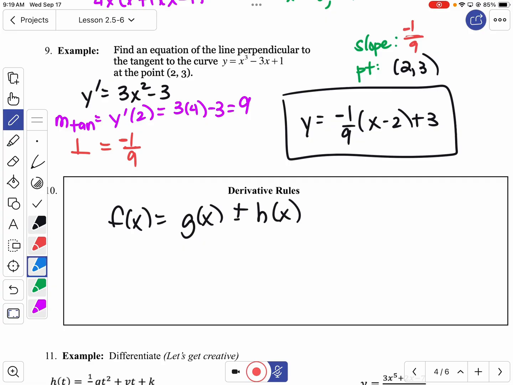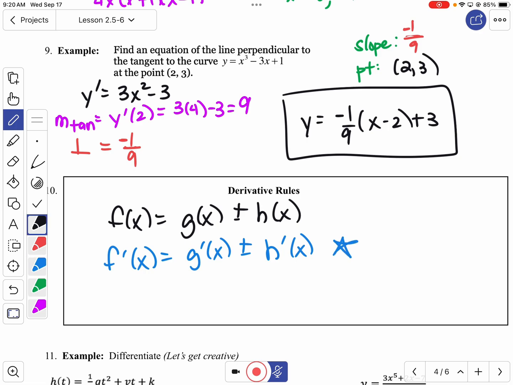We've already been doing this, we just didn't call it a rule. If I had multiple things, like an x squared, an x cubed, and a 3x, we did g prime at x plus or minus h prime at x. Notice, though, it's only going to work for addition and subtraction, so it does not work for all operations.